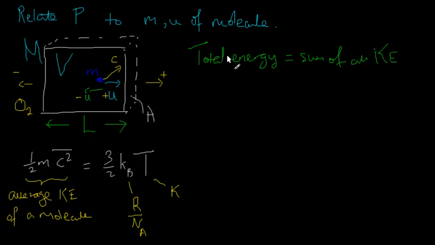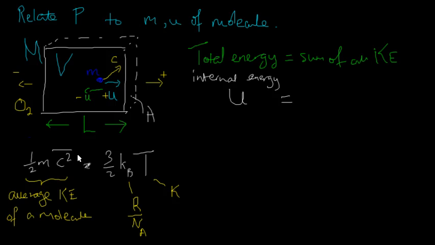Now there is a symbol that is often used for the total energy of the particles in a gas, and that's U. It is also often called the internal energy, represented by U. Now the sum of all the KE: we don't know the individual kinetic energies because we won't know the individual velocities.